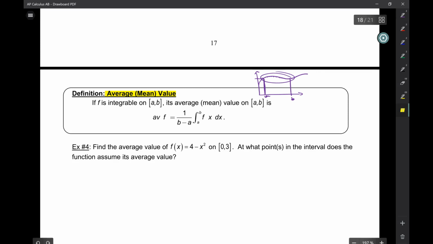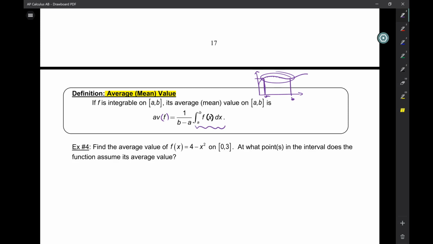And by definition, the average value of f is equal to 1 over b minus a times the integral from a to b of f of x dx. So let's think about this for a minute. What is the integral from a to b of f of x dx?